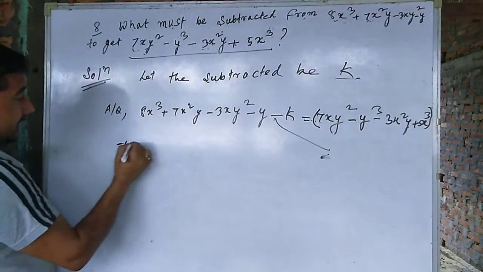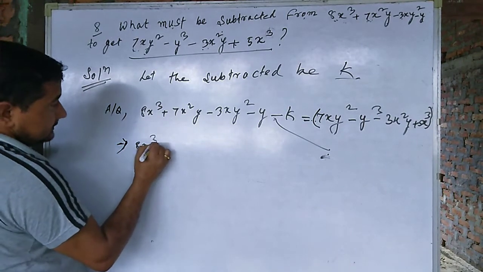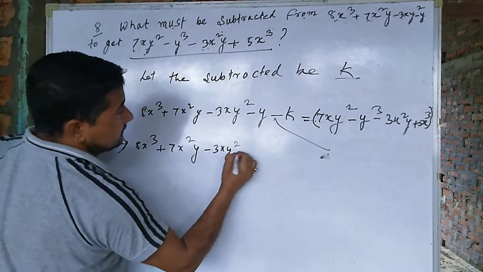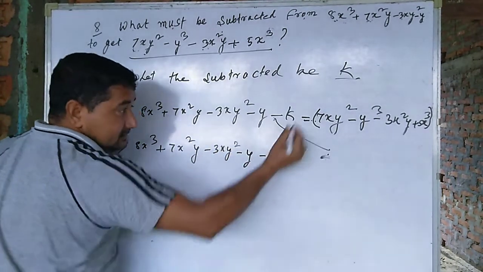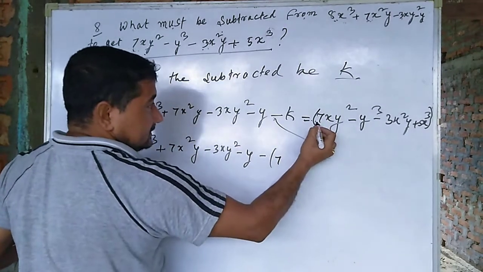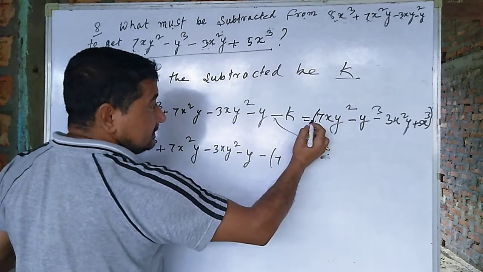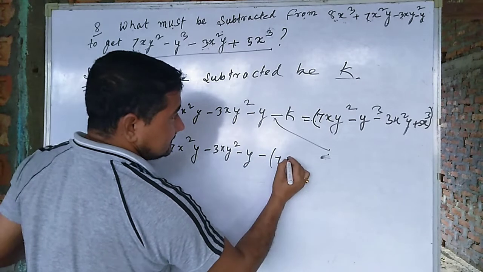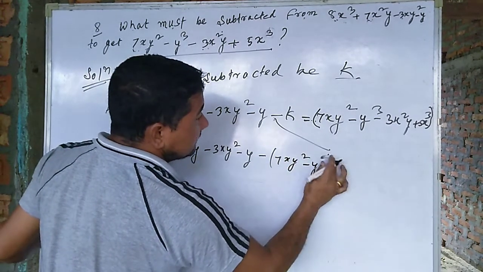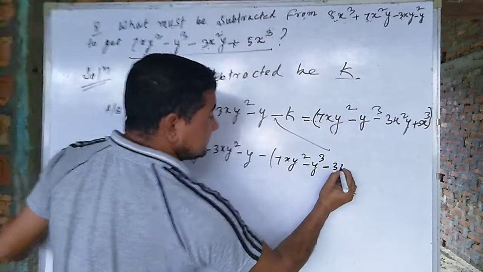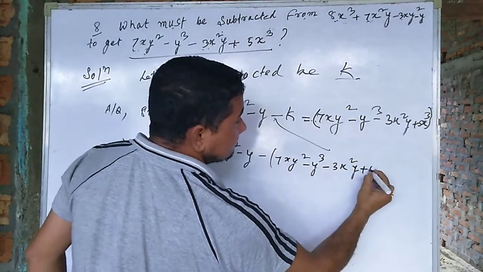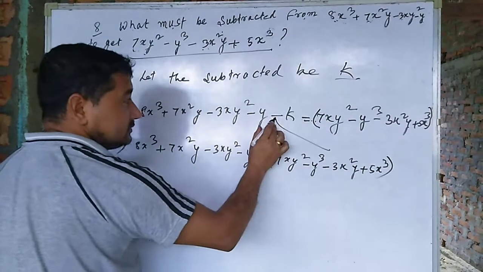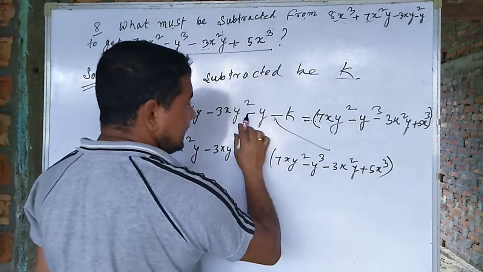Now 8x cube plus 7x square y minus 3xy square minus y, and this minus 7xy square, this term I am taking this side. Plus I am bringing here, and plus will be changed here to minus: minus 7xy square minus y cube minus 3x square y, and plus 5x cube, and this y minus k.